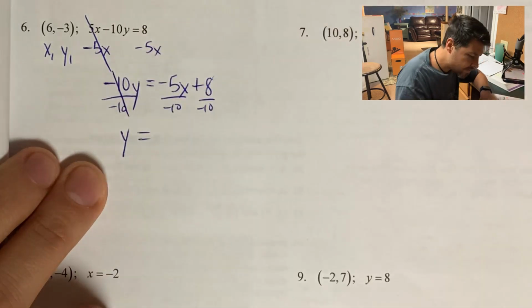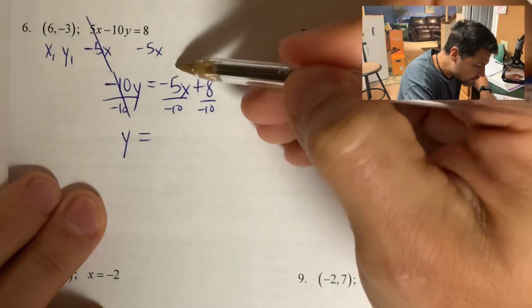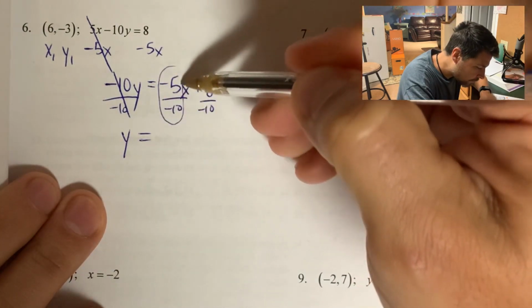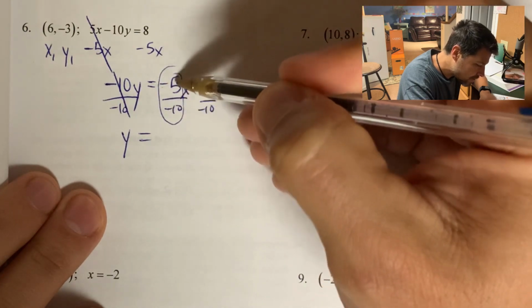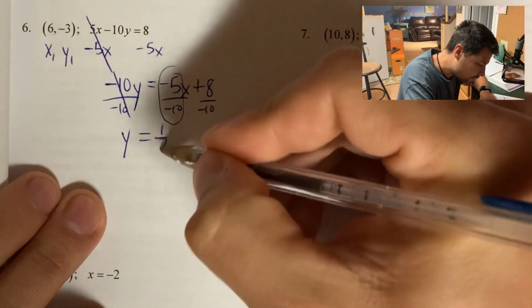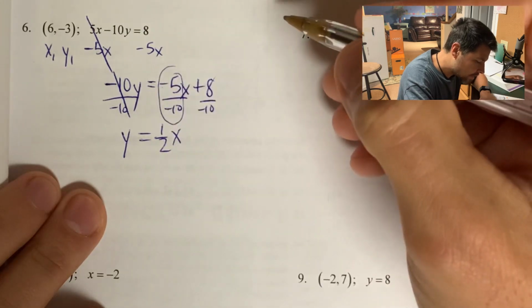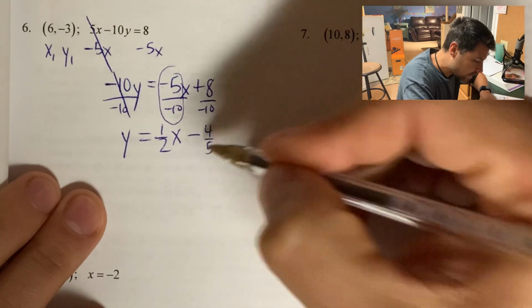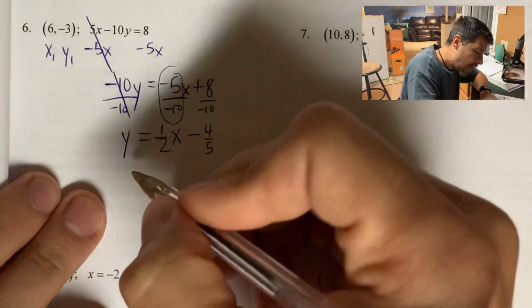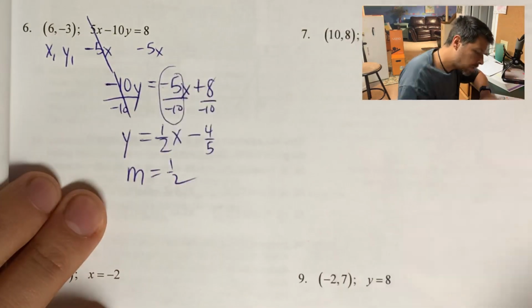Now, this is kind of a strange line, but all that I'm concerned about is the slope in front of the x. And negative 5 over negative 10 is really a half. That's a positive 1/2, and the x comes down. I mean, who cares about this 8/10, which I guess is really negative 4/5? I don't care about that. I'm only worried about what the slope is of the line.